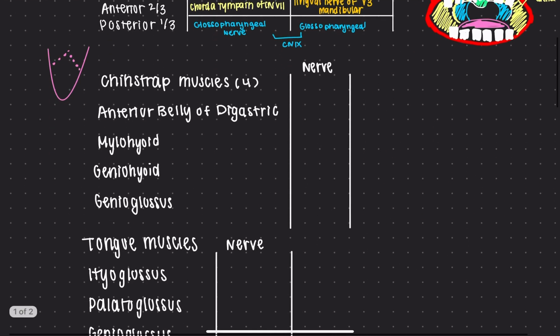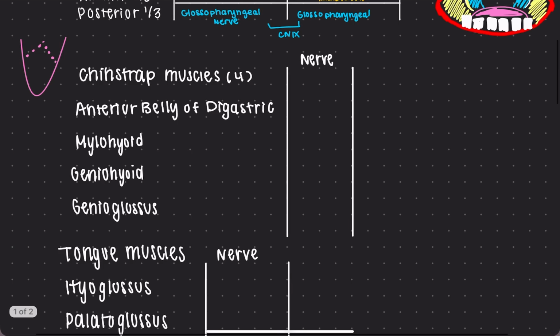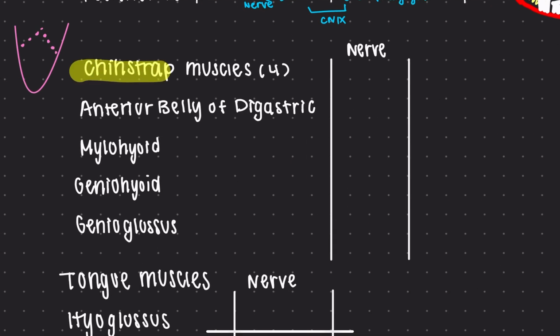Okay. Now we're going to talk about the muscles around the oral cavity. So we have these muscles here called the chin strap muscles, and these guys form a kind of chin strap underneath the mandible.